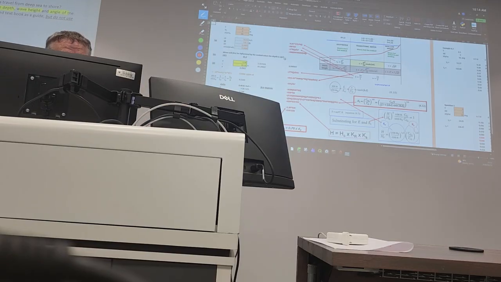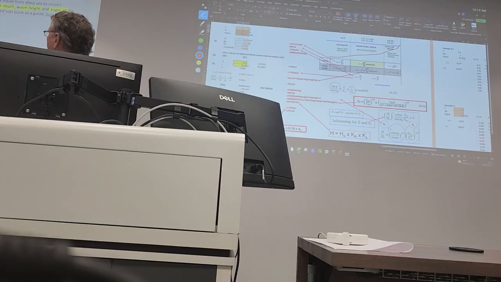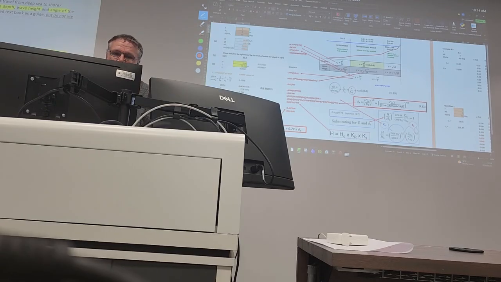So first of all, these are my input parameters. In my question we have a wave period of 9 seconds, a height of 6, and it's traveling at a 60-degree angle. So those are my input parameters.